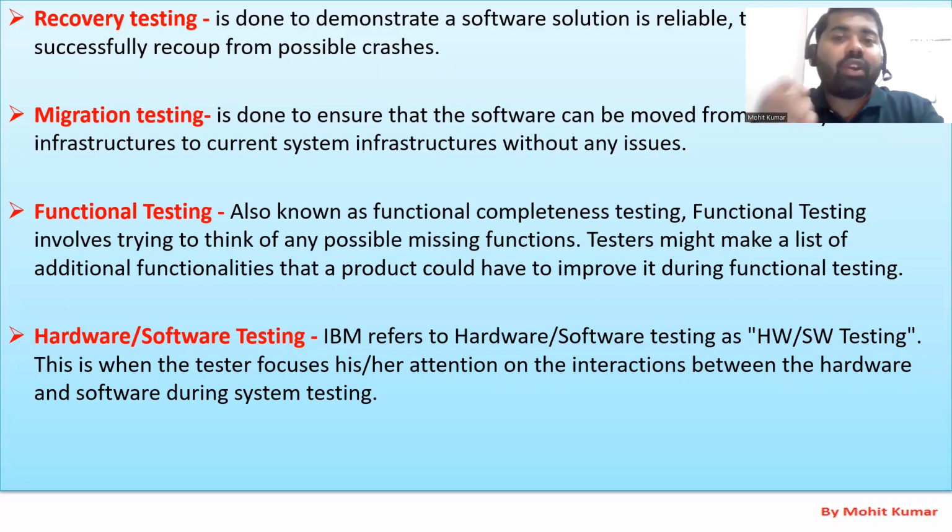In the mobile also we have hardware and software, right? So that is called this end-to-end flow, or hardware testing. IBM refers to it as hardware and software testing. This is when the tester focuses attention on the interaction between the hardware and software during the system testing. Okay.